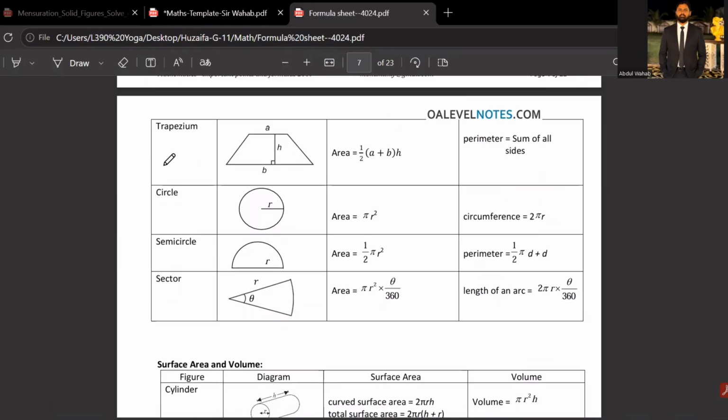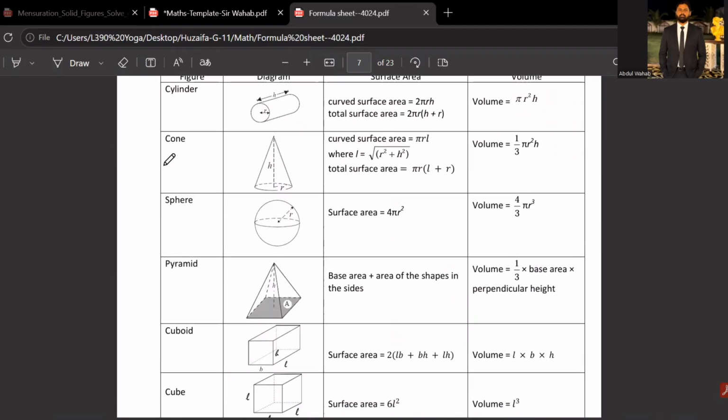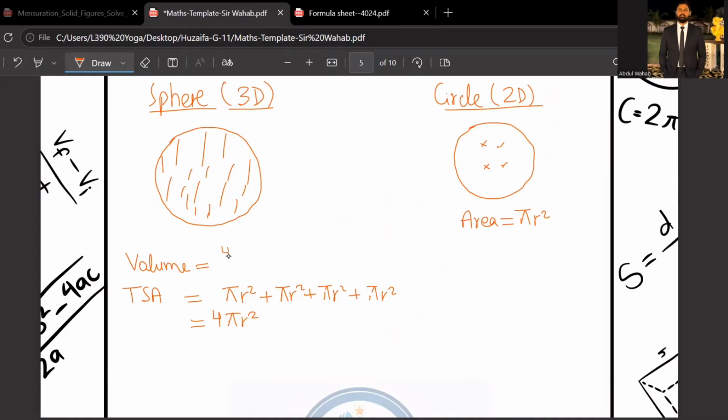So for the volume of the sphere, we know the formula. It's 4 upon 3 pi r cube. So 4 upon 3 pi r cube is the formula for finding the volume of the sphere.